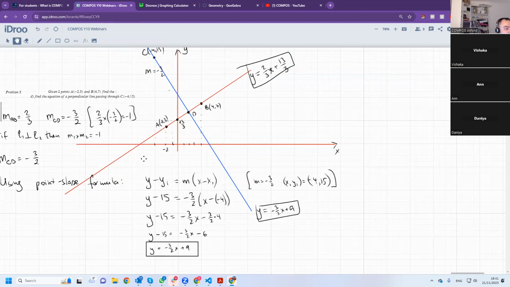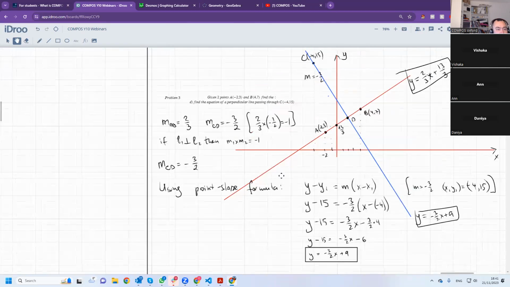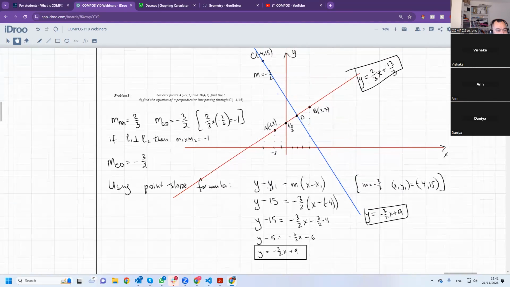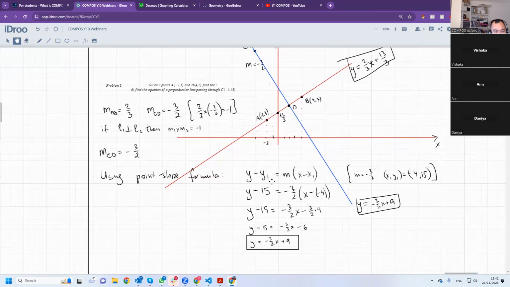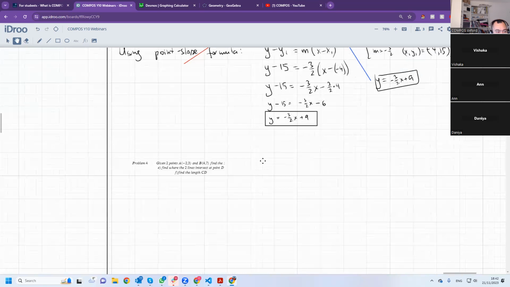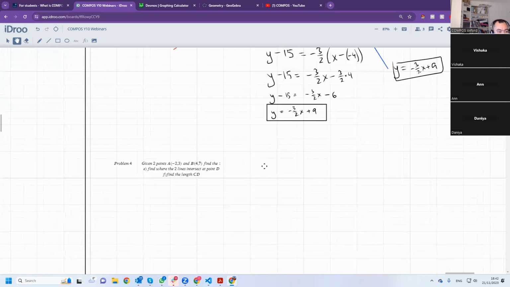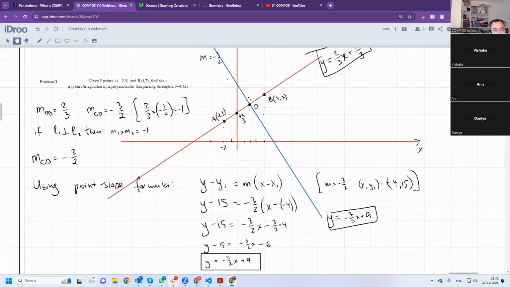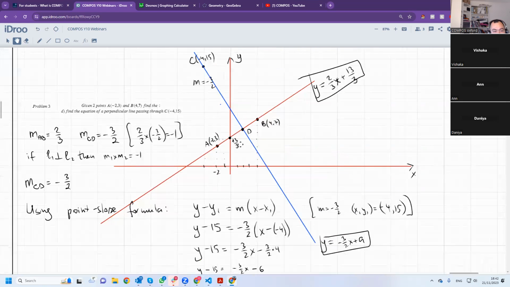Okay. Now, so we found the equation. Very good. Now, find the coordinates of point D, the next question. Find the coordinates of point D. So this is point D, so we need to find the coordinates.